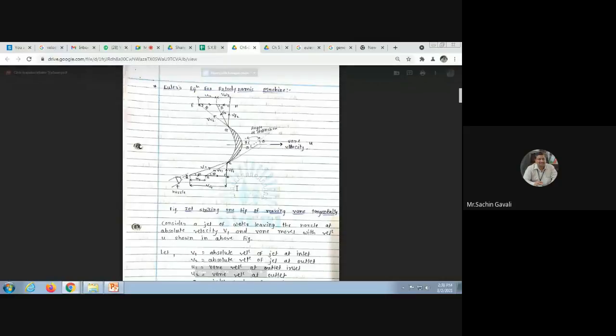Yes, sir, visible. Okay, you draw this diagram. If you understand this diagram, then we'll go to the impulse Pelton turbine diagram. This is the general diagram. You might have drawn this, and tell me yes, understood.